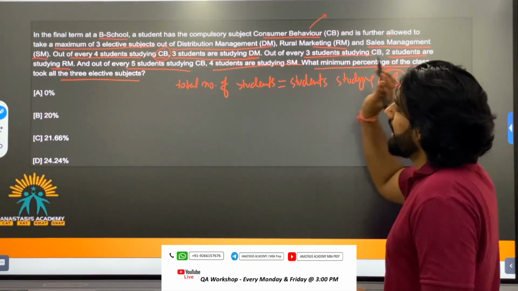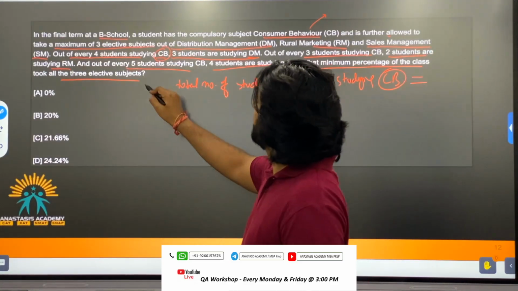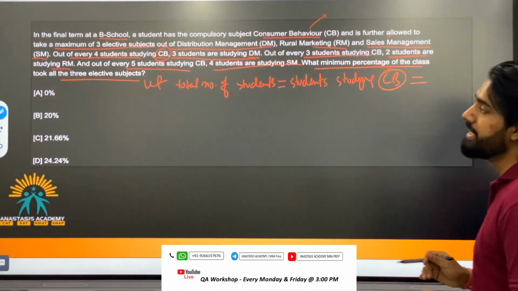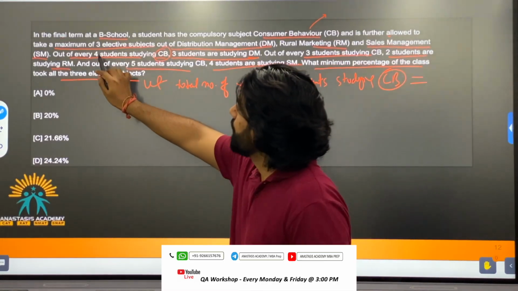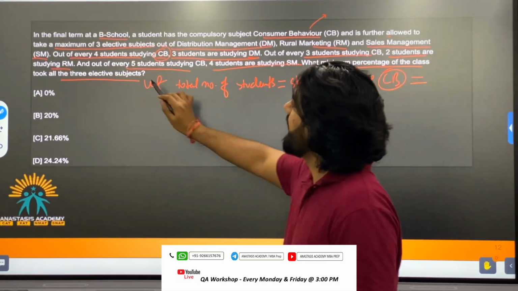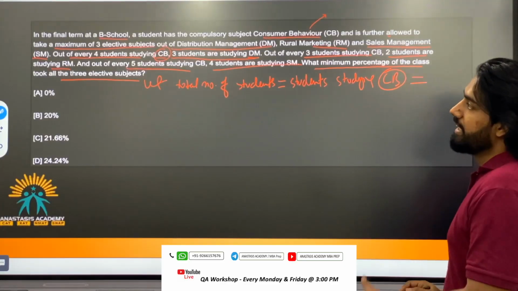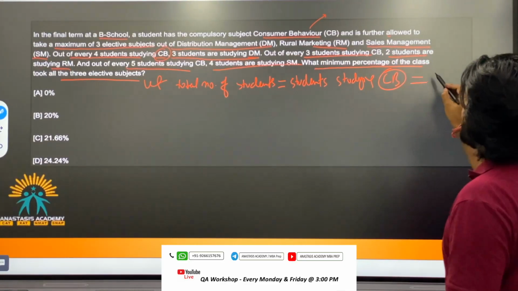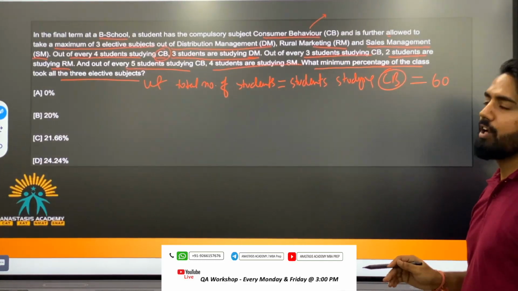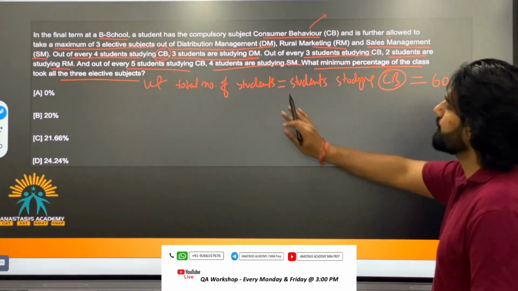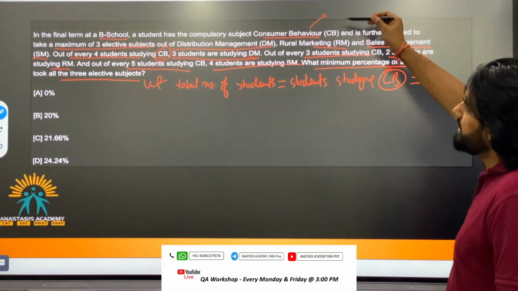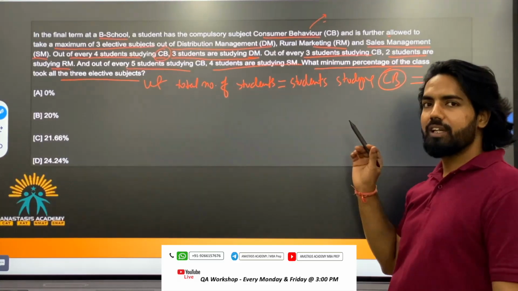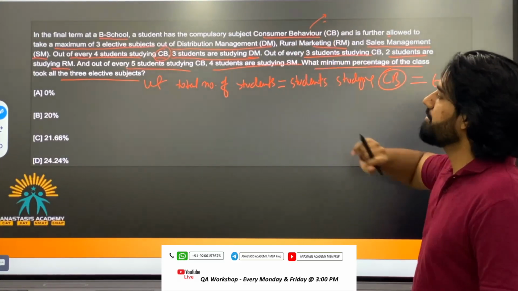I'm assuming the total number of students to be a multiple of these 3 values: 4, 3 and 5. 5, 4 and 3, it would be a multiple of 60. This subject is compulsory for all the students, so the total number of students will be studying it.